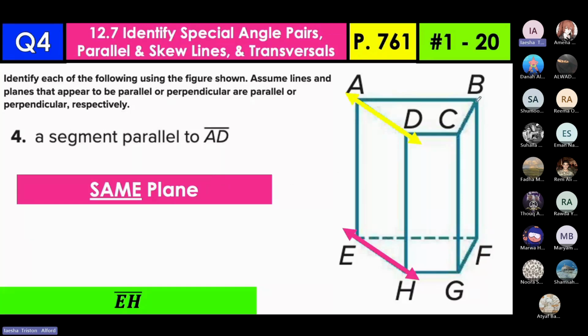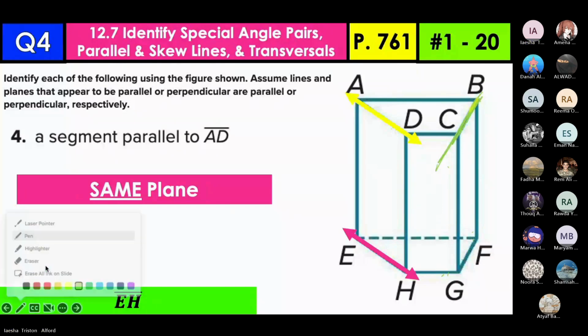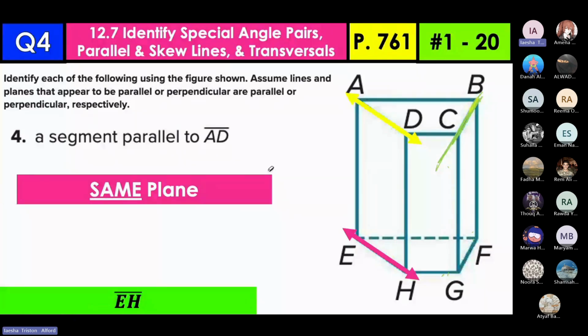If you take this one here, let me change the color. If you were going to take BC, eventually BC and AD are going to cross, yeah? So you can't use BC. And you can't use G for the same reason because eventually they're going to cross. So the only one parallel is going to be EH.